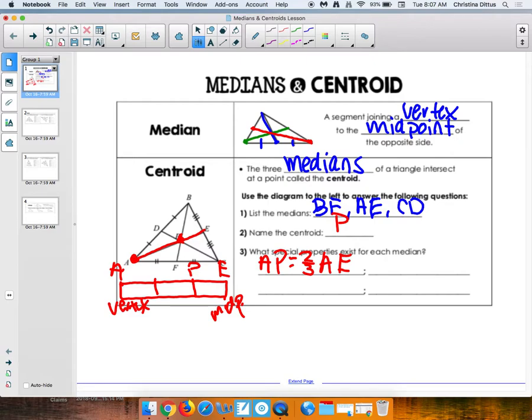So from your vertex to your centroid is 2/3. Okay. The flip side of that is that PE, this chunk right here, if AP is 2/3, PE is 1/3 my whole line AE.